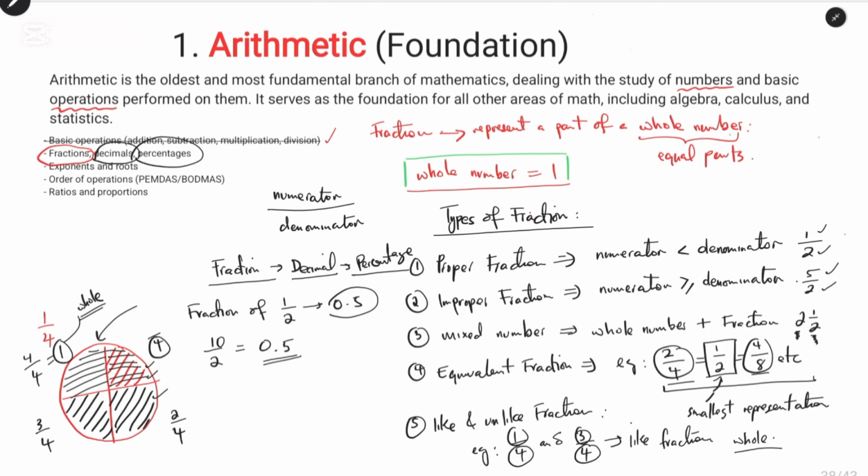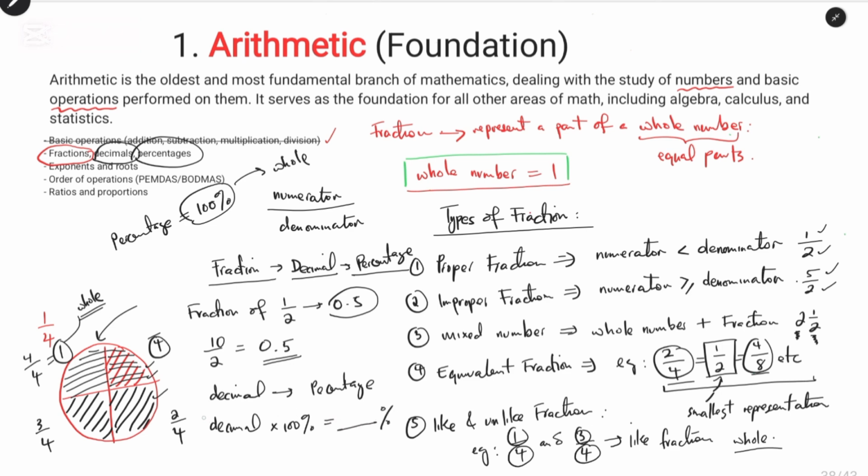And to relate to a percentage, we all know that every percentage has a maximum value of 100%. 100% represents a whole. So we normally convert from decimal to percentage by multiplying a decimal number by 100% to give us a percentage value, and this is mostly important.